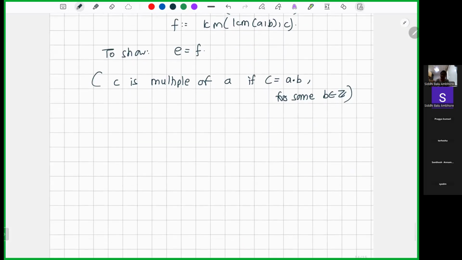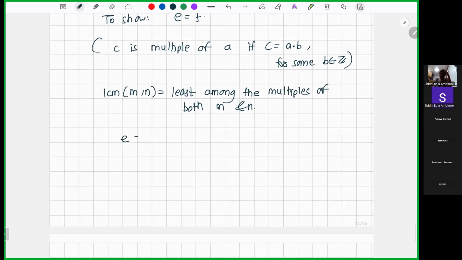So when we say LCM of m comma n, it is a multiple of both m and n, and it is the least among all such multiples of both m and n.